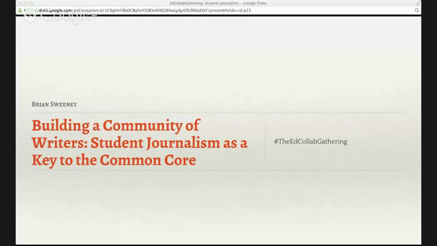You just work them down the ladder and adjust as you see fit. I think that with journalism, you can do something with writing that we maybe aren't used to doing as things are currently set up. So we're going to talk about this topic.